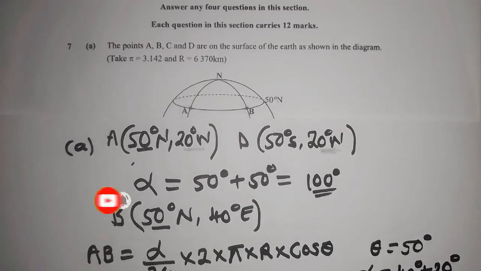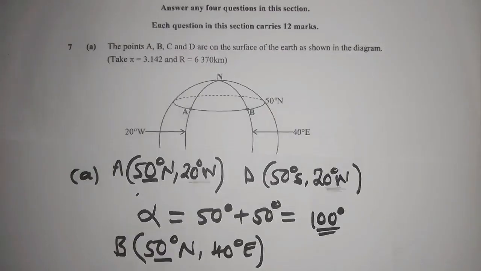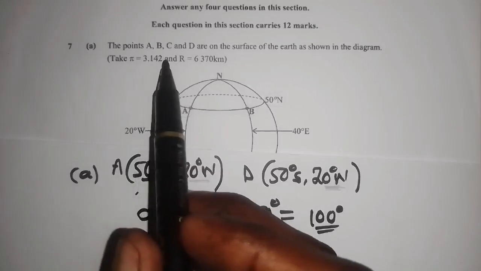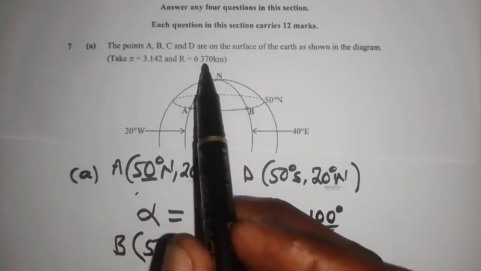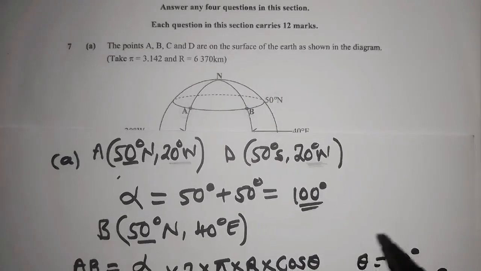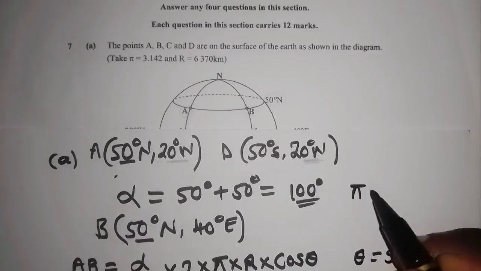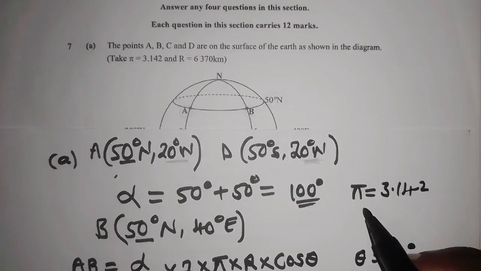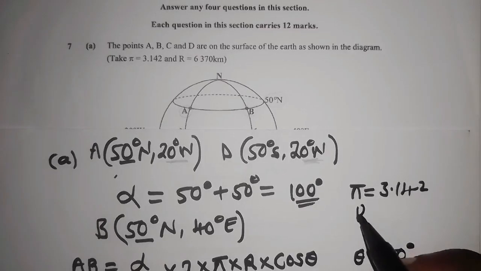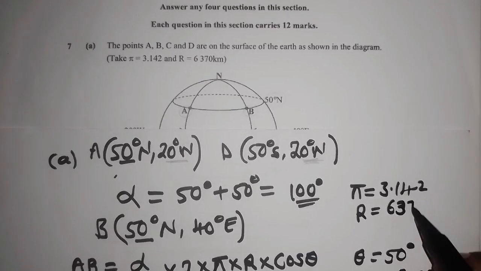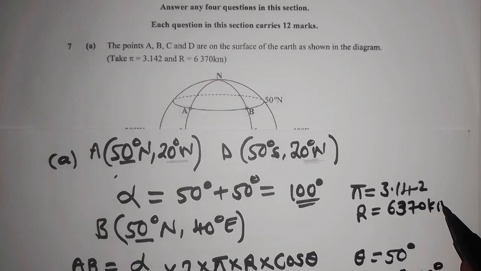And we know from the statement that pi is 3.142, and r is 6370 km. So we can simply substitute those values: 3.142, and then the radius is 6370 km.